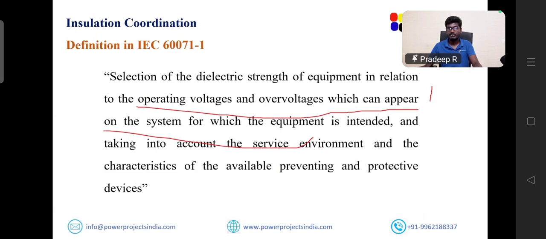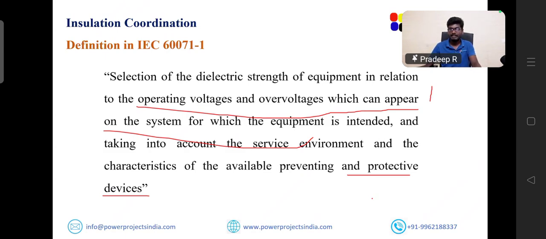And taking into account the service environment and the characteristics of the available preventing and protective devices, whether the device is already available. In case we are additionally adding any new plants, at that time we have to do insulation coordination once again.